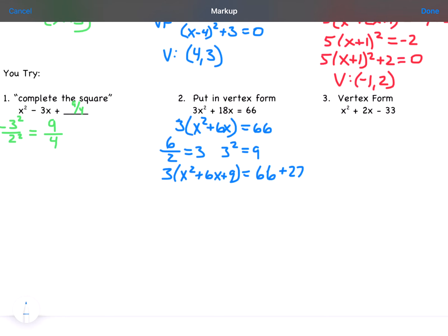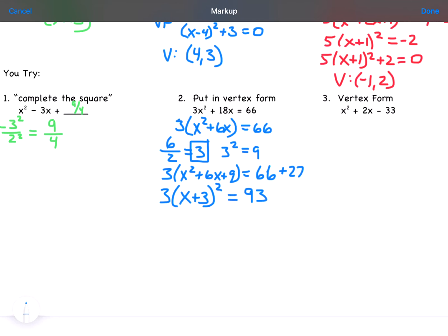So now we can factor it. Remember, if you look at what 6 divided by 2 was, that will give you the factor. So it's 3 times x plus 3 squared equals 66 plus 27, which is 93.